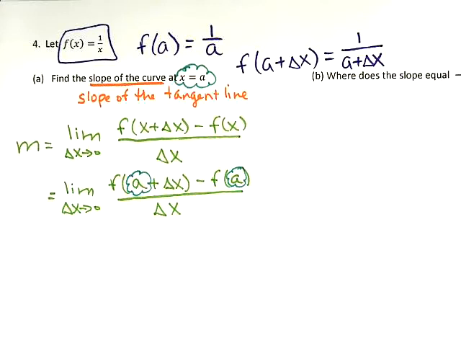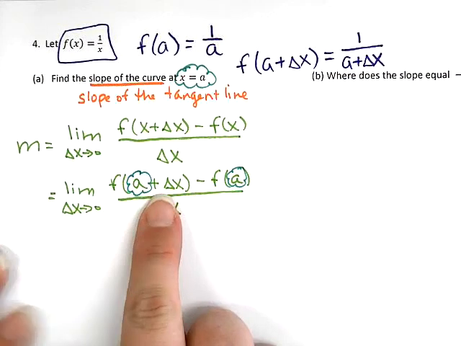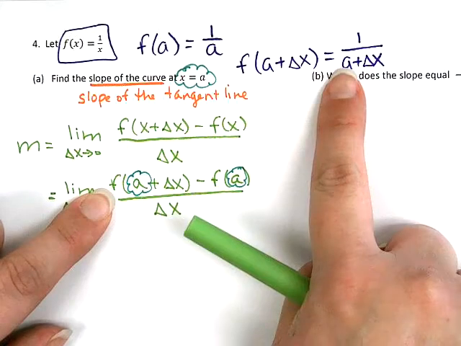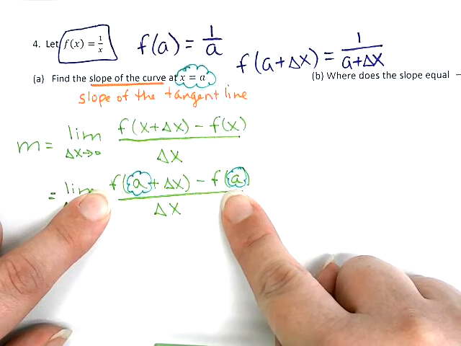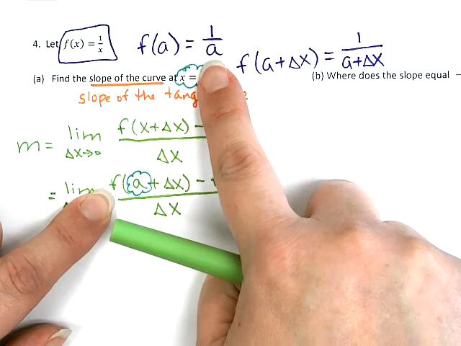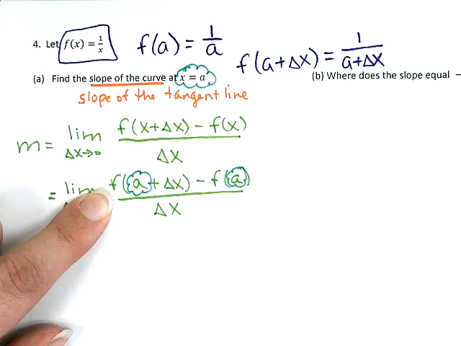Well, now when I look at my formula, f of a plus delta x, well, I just said that's 1 over a plus delta x. And f of a, well, I just said that's 1 over a. So I'm going to plug those in, all right?